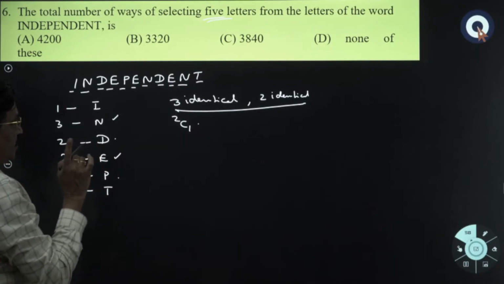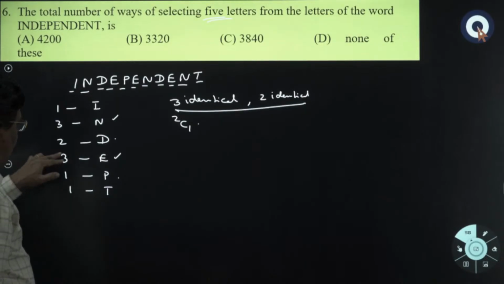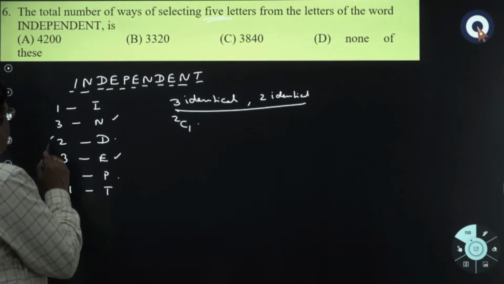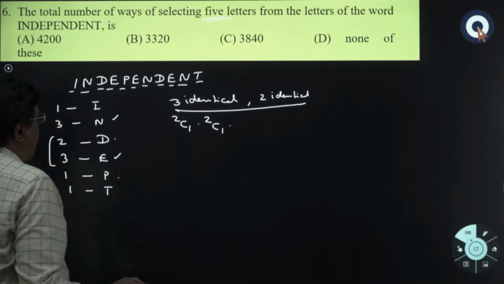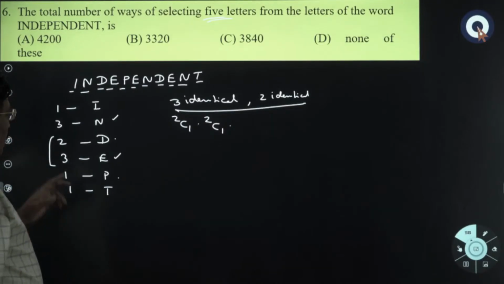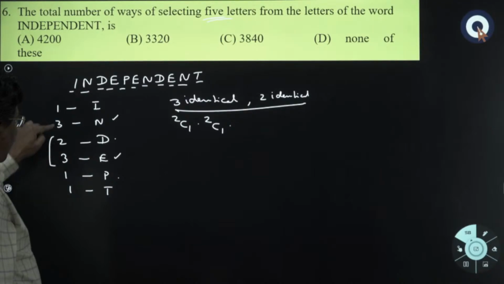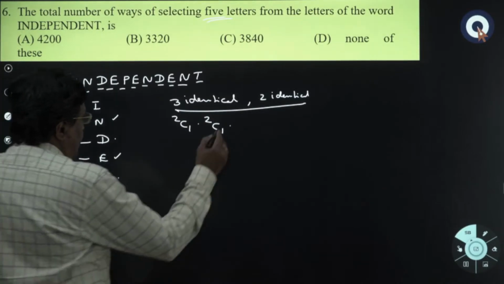Here one point is there actually. See, out of these 2 varieties, if you take one variety, one more variety is always left out, and from that you can always take 2. So that means from these 2 varieties, again you can take one variety and take 2 out of it. So out of these 2 varieties, you are taking 3 objects, and of the remaining variety and this variety, you can take 2 objects. So that can be done in 4 ways.